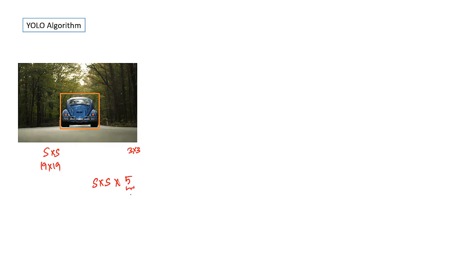This 5 is nothing but the PC and bx, by, bh and bw. Again, this will be added with C, which is the number of classes that we have, and that will be multiplied by the number of anchor boxes. So this is essentially the shape of y that we are going to get.